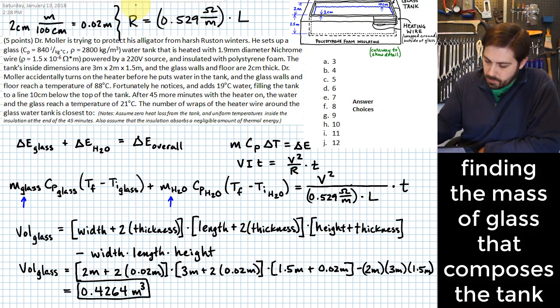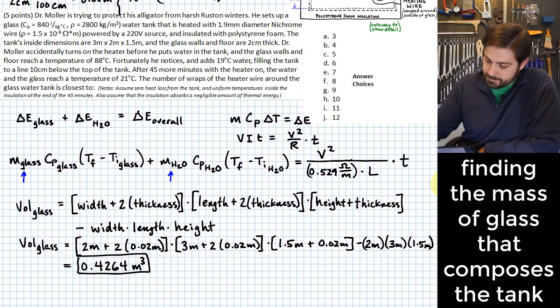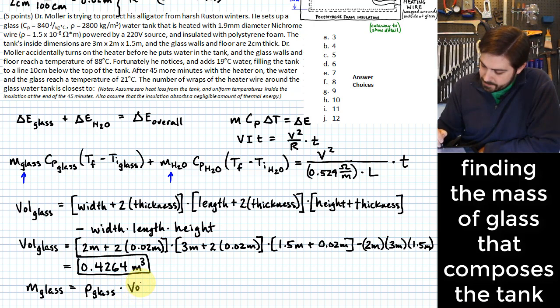All right, but we're not looking for volume of glass. We want to know what is the mass of the glass, because that's what we need to put into our equation up there. So the mass of the glass is fairly easy to find once we know the volume. It's the density of the glass times the volume of the glass. And the density of the glass is given up here, 2,800 kilograms per cubic meter.